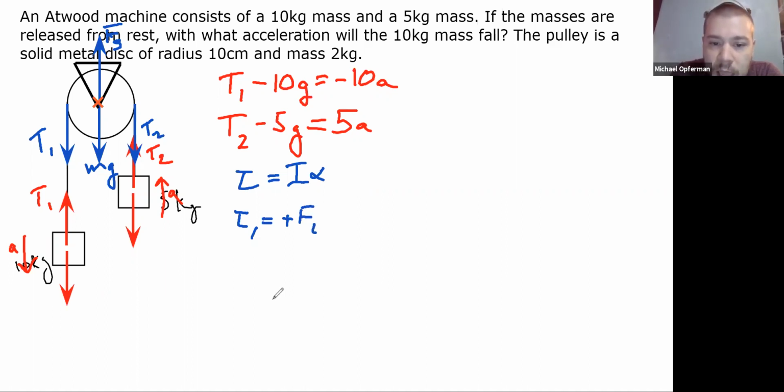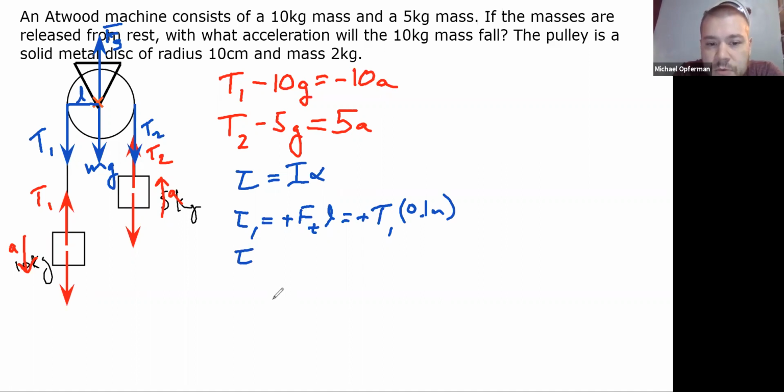So F_T is just going to be T1 because you'll notice this force is already tangent to the pulley. And the value of L is going to be here. That would be L, and that's just the radius of the pulley. So it's going to be T1 times the radius of the pulley, which is 10 centimeters or 0.1 meters.